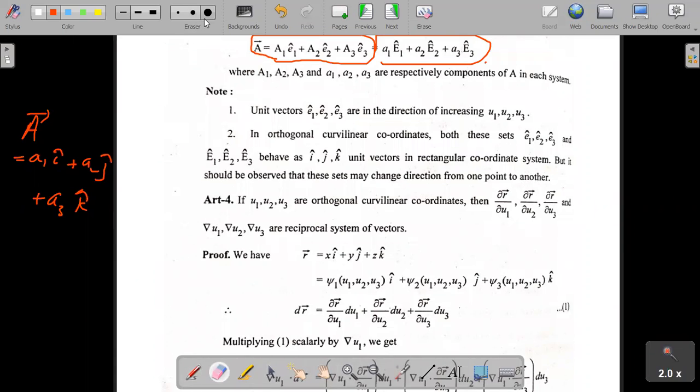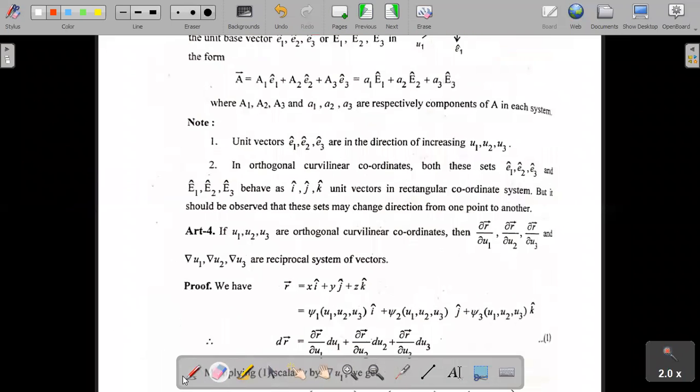Just as we know what I dot J is there. What is I dot J? J cap? I dot I is 1, right? I dot I is 1. I dot J is 0 because they are perpendicular. Like that there we had I, J, K. Same here we have E1, E2, E3.